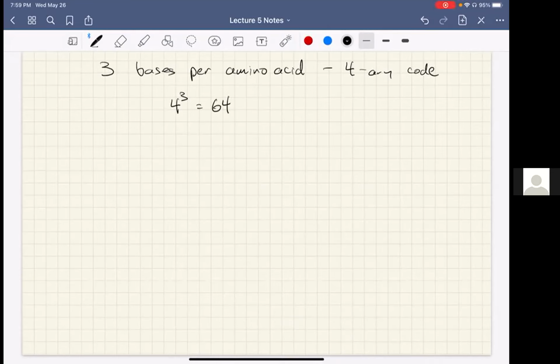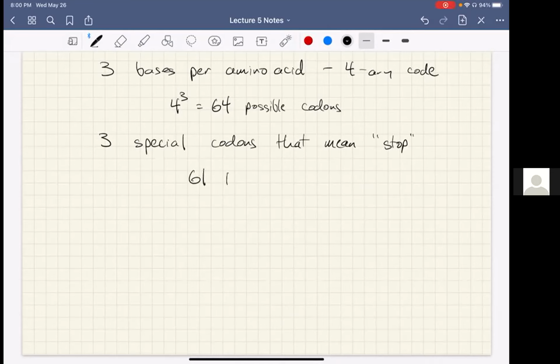There are actually 3 special codons that mean stop. So in other words, those indicate like the end of the tape. If you hit one of those special codons, then you terminate the protein and stop. So there are 64 possible codons, 3 special codons that mean stop, leaving 61 to encode amino acids.